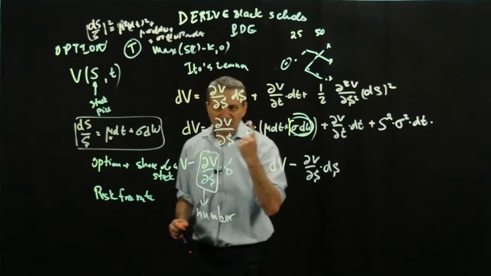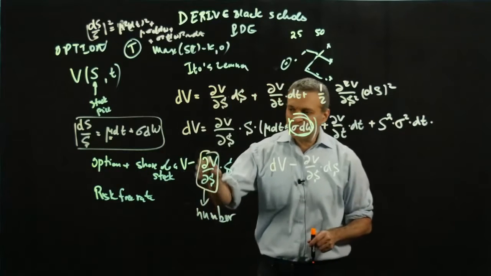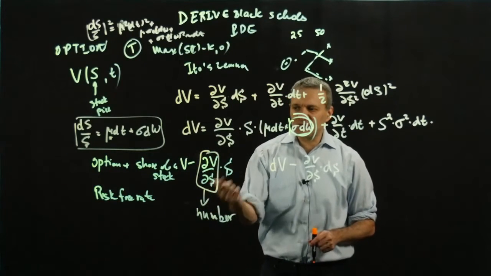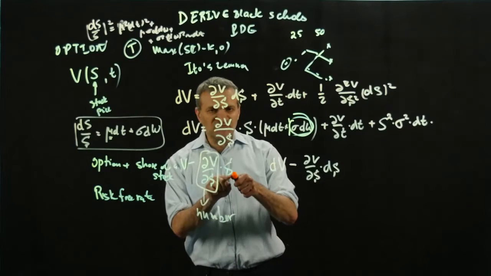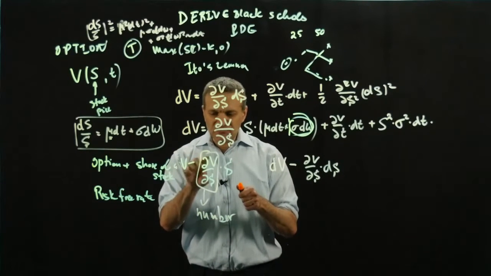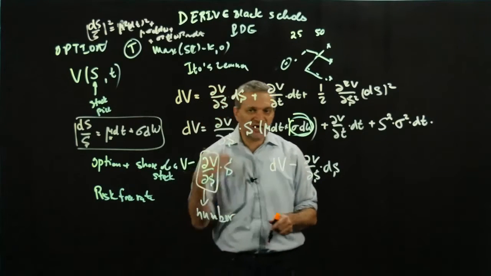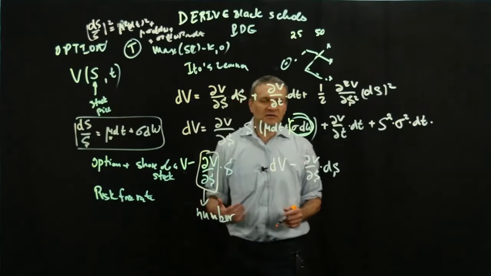If you want, it's very close to the beta, but the beta operates on percentages, while this operates on dollars. So if you move the stock by $1, V will move by dV/dS times this $1. Just like with durations. A very similar concept to duration.